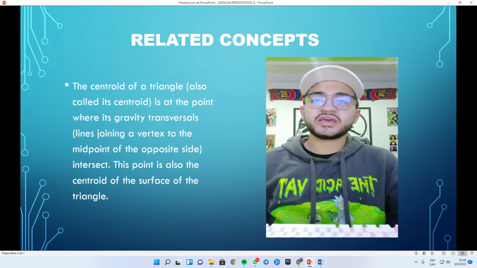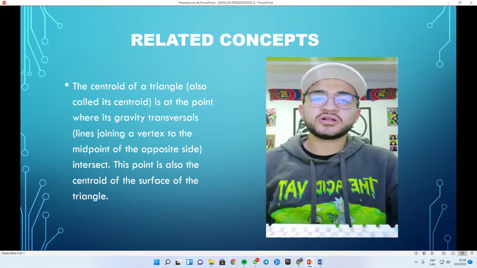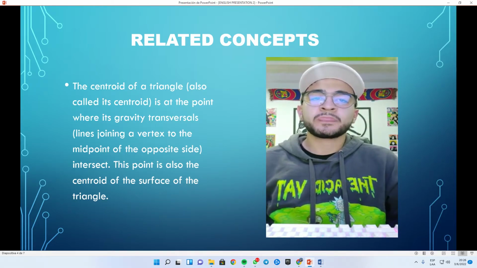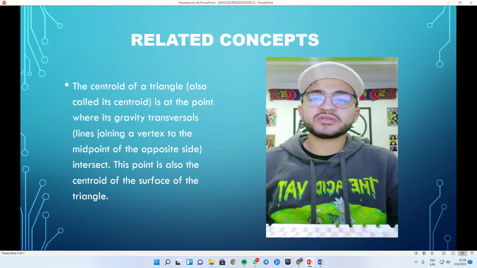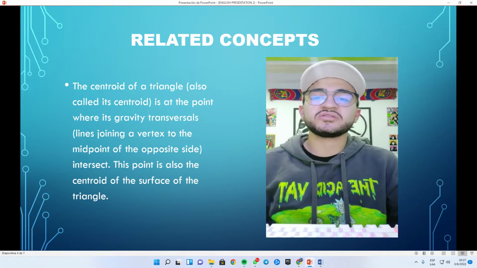Related concepts. The centroid of a triangle, also called the barycenter, is at the point where its medians, the lines joining a vertex to the midpoint of the opposite side, intersect. This point is also the centroid of the surface of the triangle.